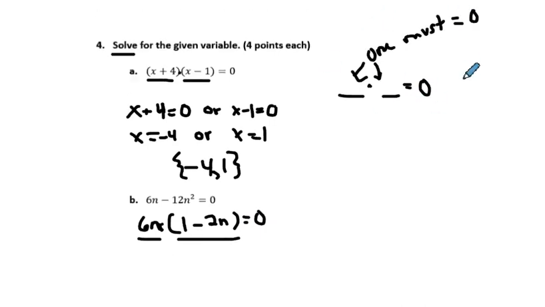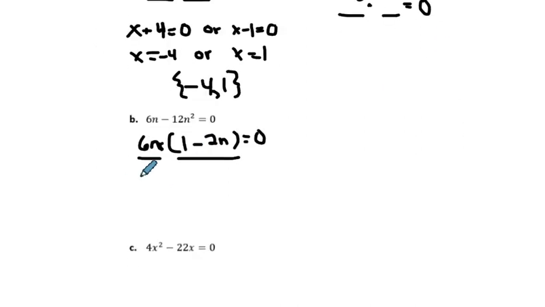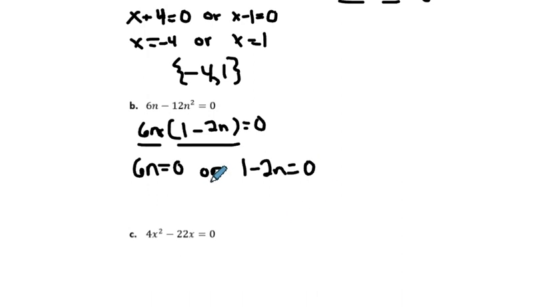If you're multiplying two factors together and getting out a 0, one of the factors must equal 0. So either, in this one, case number 1, 6n is 0, or 1 minus 2n is 0. So setting each of these equal to 0 and solving them will get you your two answers that would turn this into 0, or make that equation true.